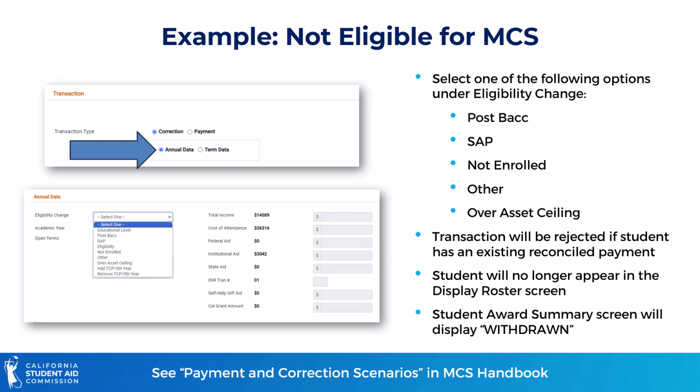Under Annual Data, select one of the following options for eligibility change: post-baccalaureate, not meeting SAP, not enrolled, over the asset ceiling, or other ineligible reason. Selecting one of these options will withdraw the award and remove the student from your school's roster. Please note, the transaction will be rejected if the student has any existing reconciled payments on file for the academic year.